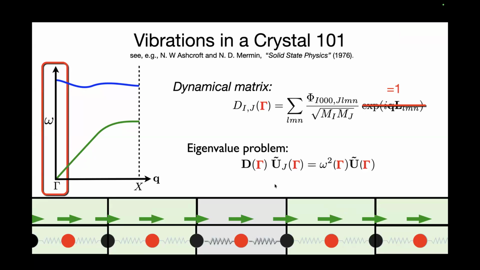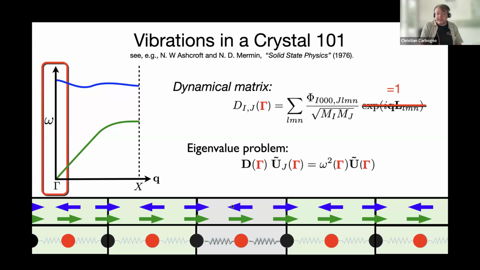And conversely, if you look at the optical mode, you get a different solution for the unit cell, because here one atom moves to the right and one to the left. Still, since we are at gamma, the periodic images move the same. So all black atoms in the crystal move in the same direction.